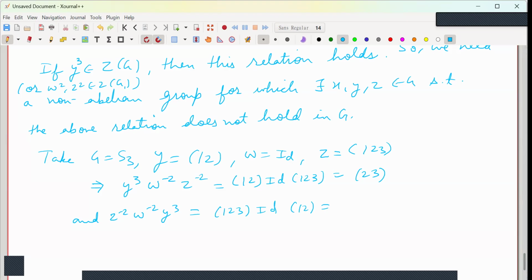So let me just write it. 1 goes to 2, 2 goes to 3. So 1 is 3. 2 goes to 1, 1 goes to 2, so it is fixed. And 3 maps to just 1. So this is (1 3). So they are not equal.